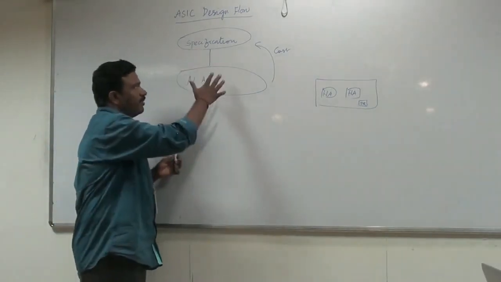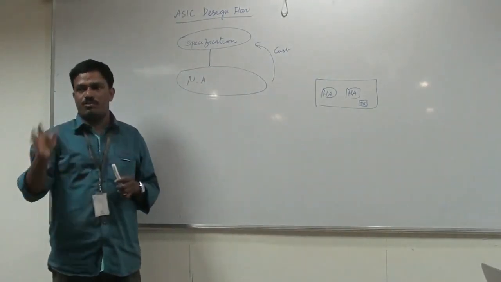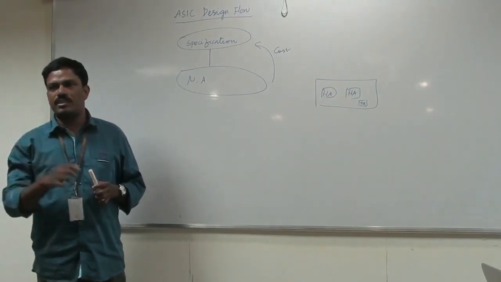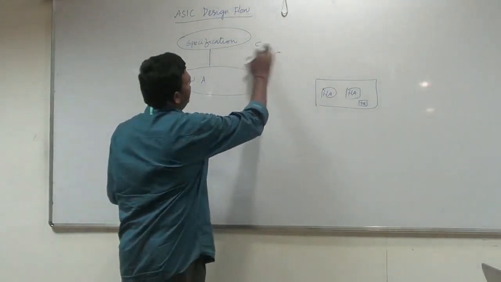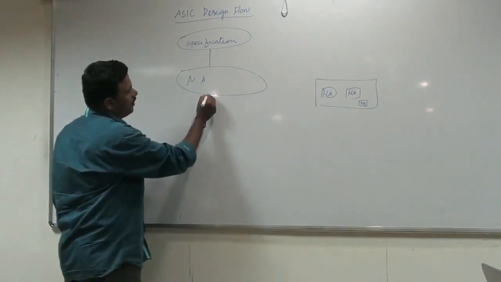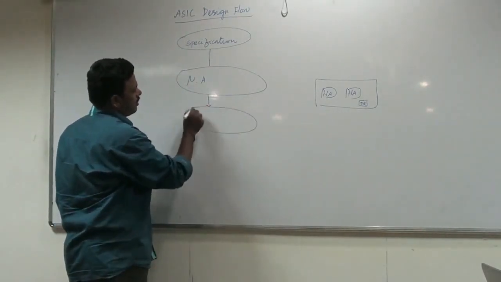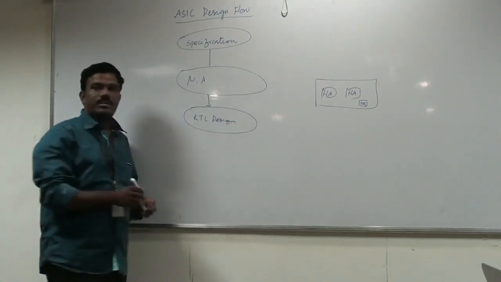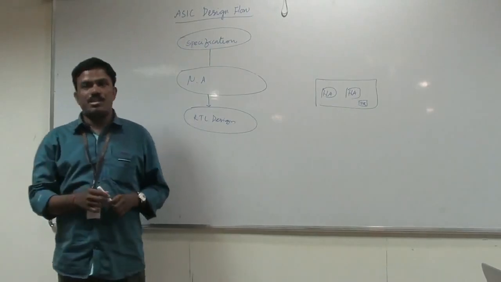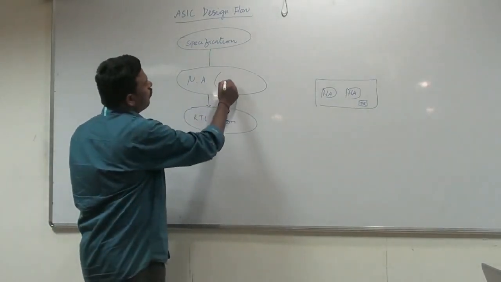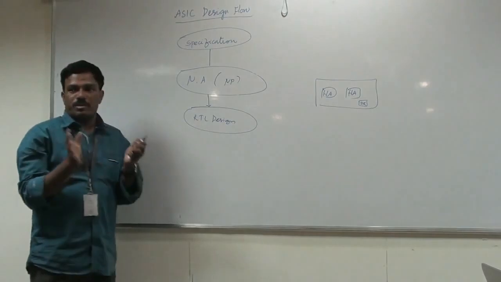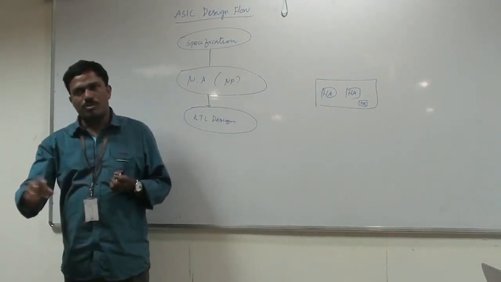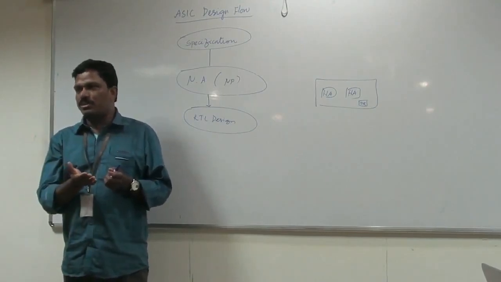Once the customer is happy with the micro architecture developed by the top level guy, he gives the green signal to start. Once the micro architecture is finalized with the customer, we go for RTL design, register transfer level design. A microprocessor consists of a lot of blocks: ALUs, FPU, normal arithmetic units, inbuilt memories, cache memories.